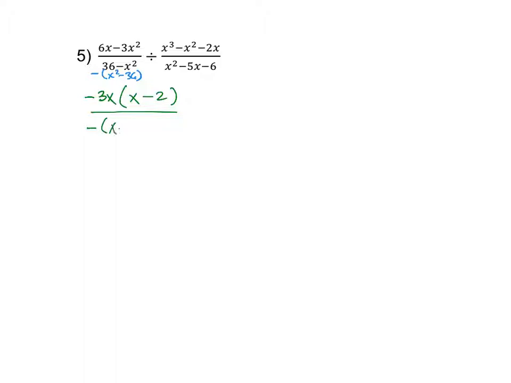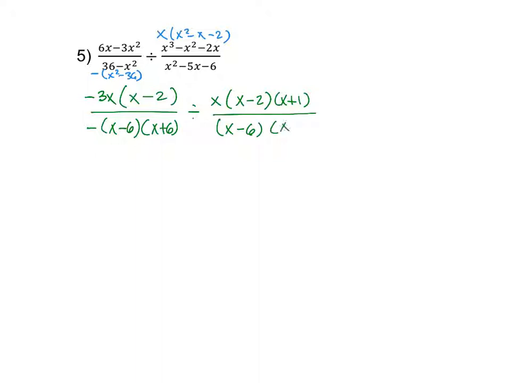So I have x minus 6, x plus 6, divided by... I can factor out an x right here. If I factor out the x first, I have x squared minus x minus 2. So my factorization is x times x minus 2 times x plus 1, divided by x minus 6 times x plus 1.